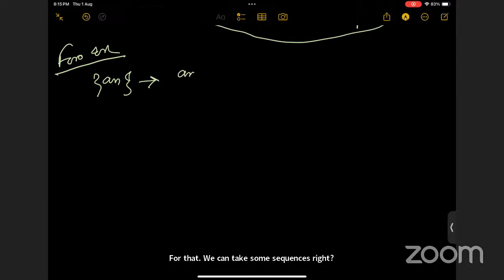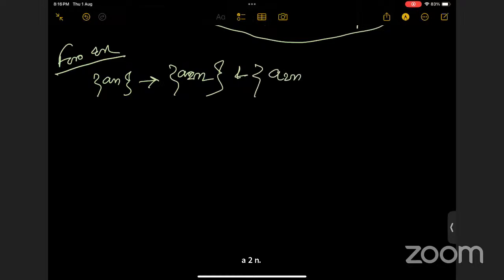Suppose we are taking two subsequences, a_2n and a_2n minus 1. That means these two are subsequences of this sequence a_n, and if we do the union of these two sets, then it will be again the set a_n, right?